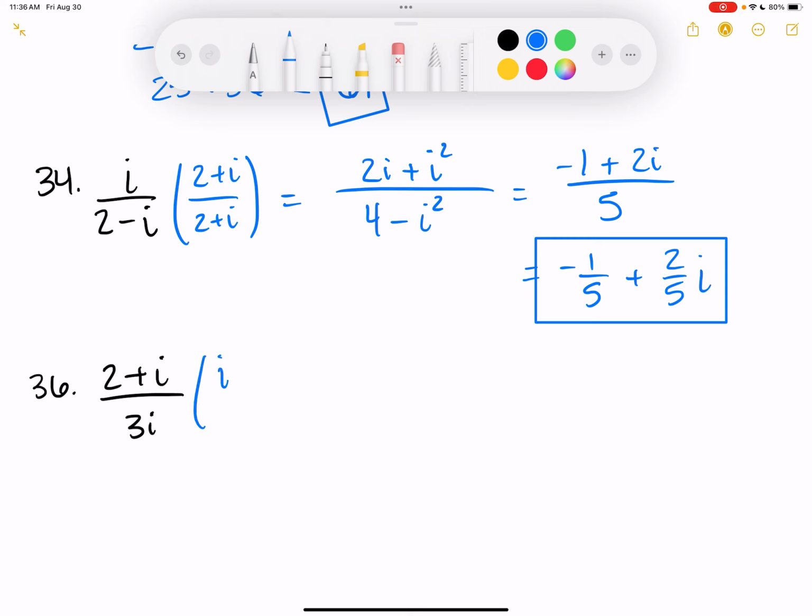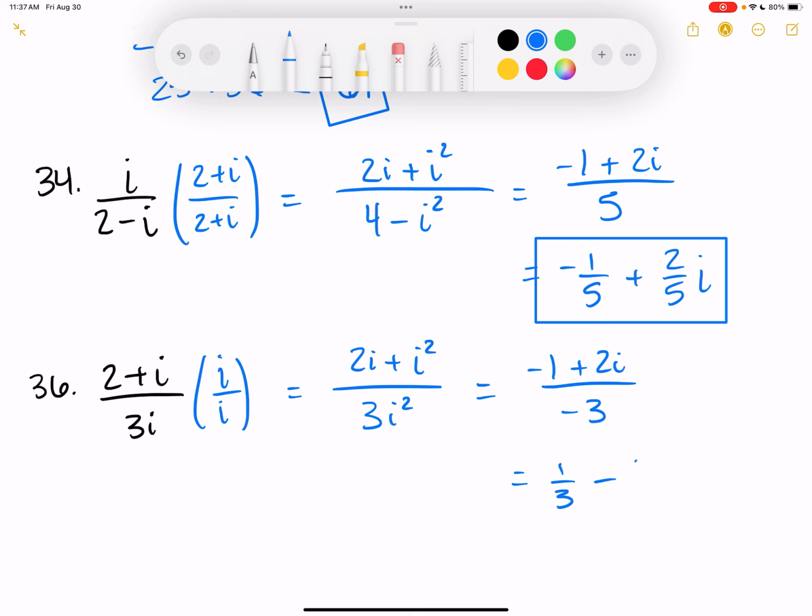So on top I get 2i plus i squared over 3i squared, which becomes, rewriting the top in the right order, negative 1 plus 2i over negative 3. Negative 1 over negative 3 is a positive 1/3, and then minus 2 over 3 i, so that I'm in standard form. Why is it minus? Because the 3 is negative.